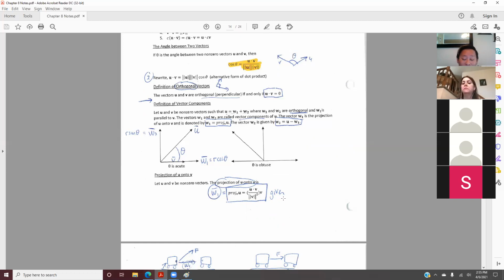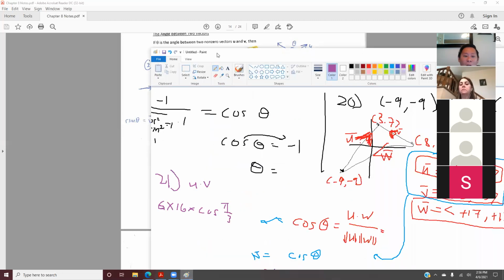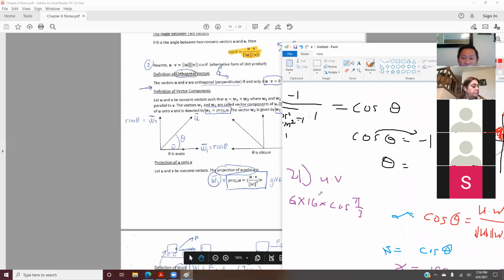This is one of the most difficult formulas to memorize. I hate to memorize this formula. What is this projection w1 here? An example is like a force. So imagine that you park a car. This is what you will see in your homework.